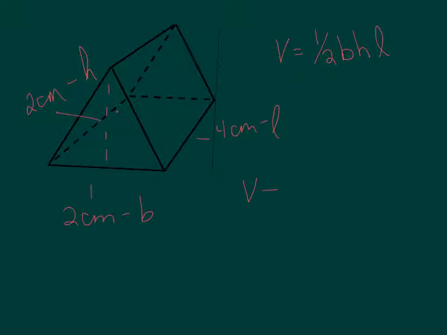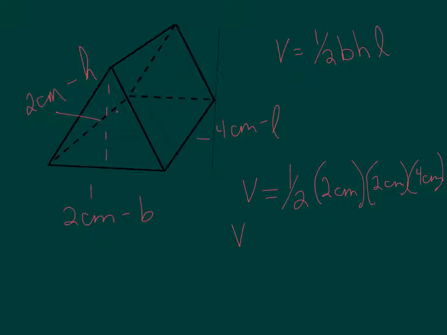So you have your volume equals 1/2 your base of 2 centimeters, your height of 2 centimeters, and your length of 4 centimeters. And you then just multiply together.